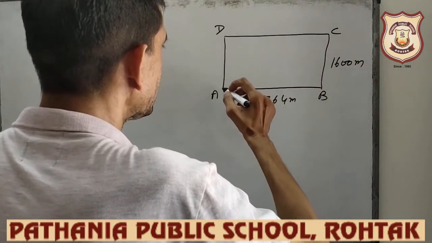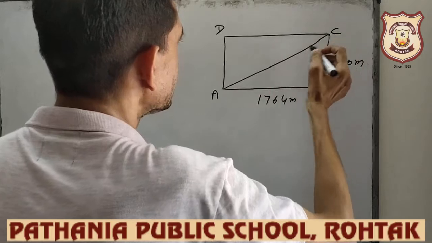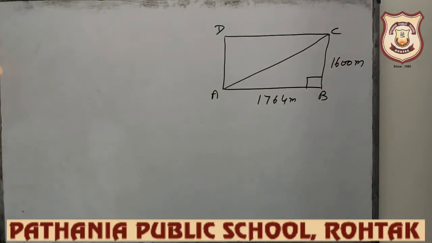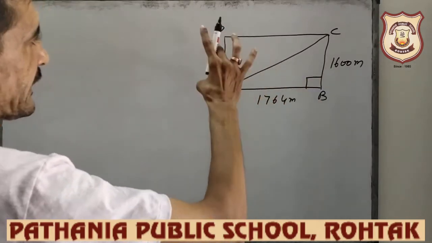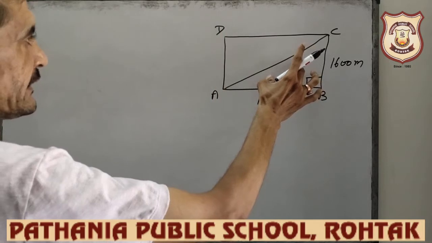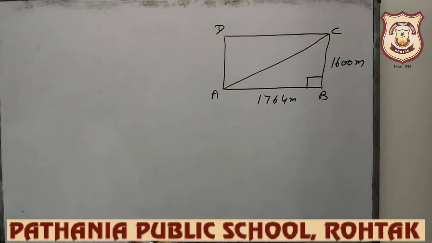Now find the diagonal. This one is the diagonal and this angle is 90 degrees. Both diagonals are equal. You can take this one as breadth, then you have to find this diagonal. In a rectangle, both the diagonals are equal.